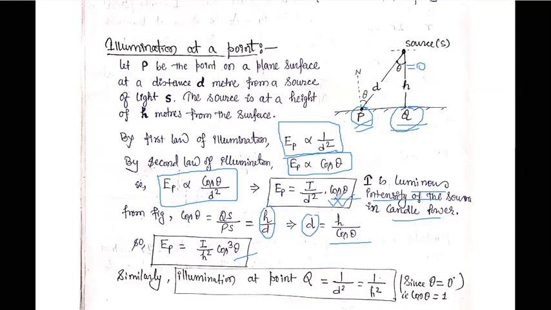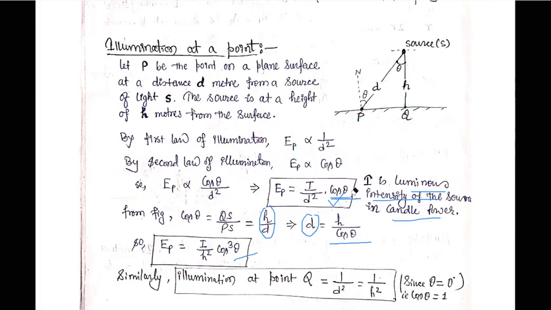So just put the value of theta equal to 0, and you will get the illumination at point Q. So in this way, you can calculate the illumination at any particular point due to a particular light source.